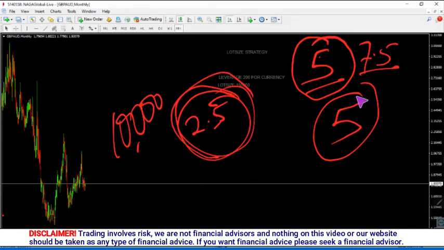So if you still want to expose 5% of your account size for the day or for the period you're trading, you're still free to play around the 5%. But if it's 5% you're taking as risk, make sure you're always within 5%. That's what I'm trying to make out of it. Make sure you're always within 5% risk of your account.